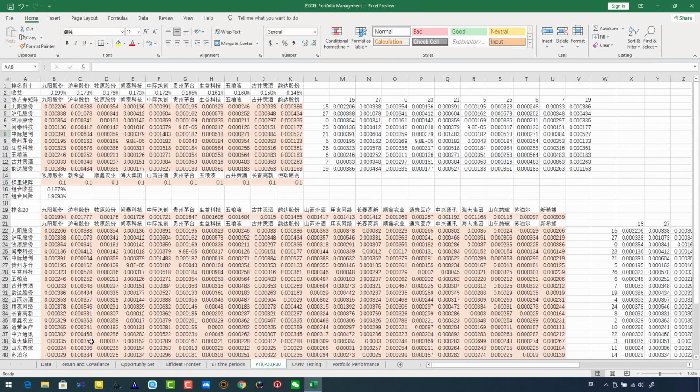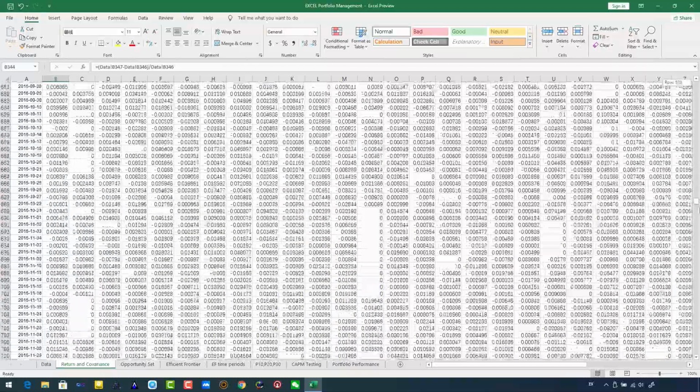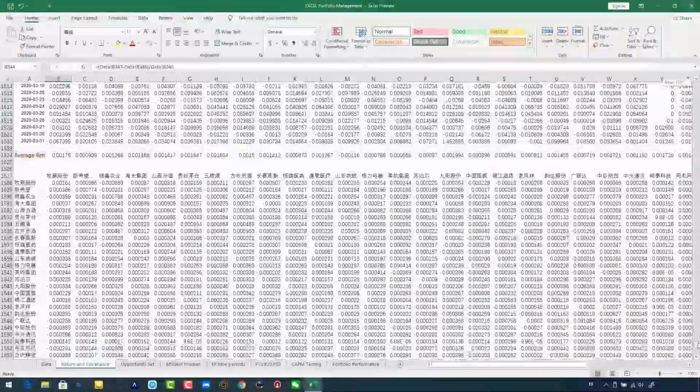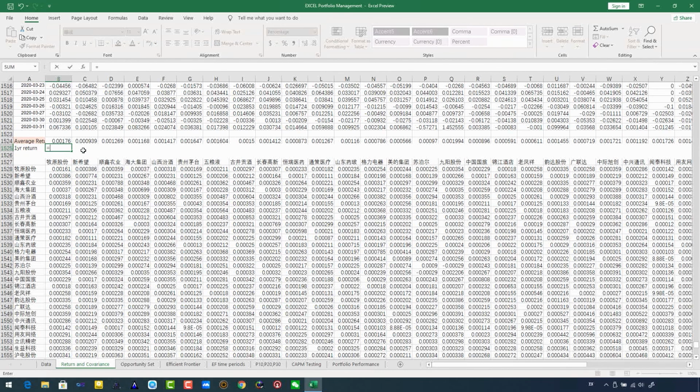First, we need to go back to our original data, go to the return and covariance spreadsheet, and add one line. So here, the recent 1 year return. For this 1 year return, we just want to calculate the recent 1 year return.